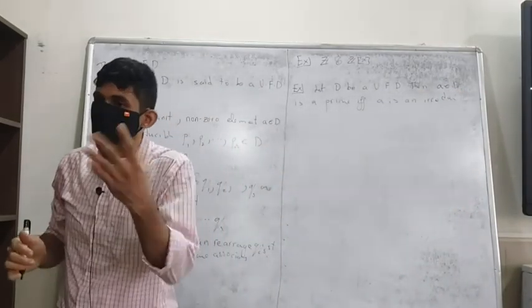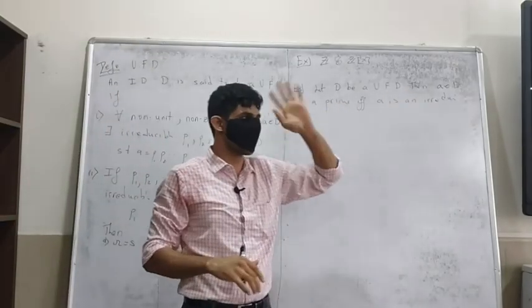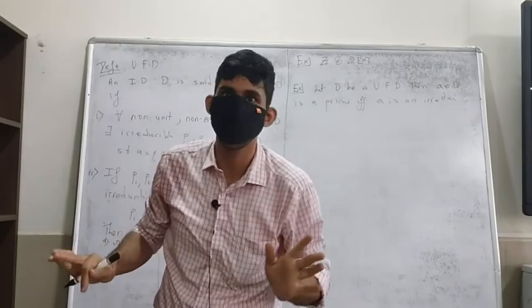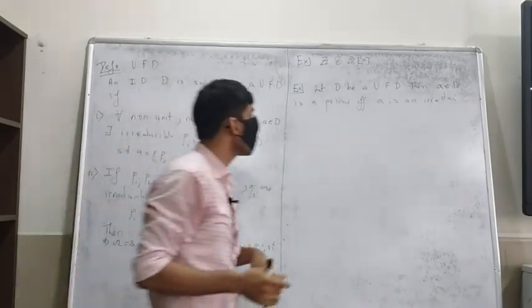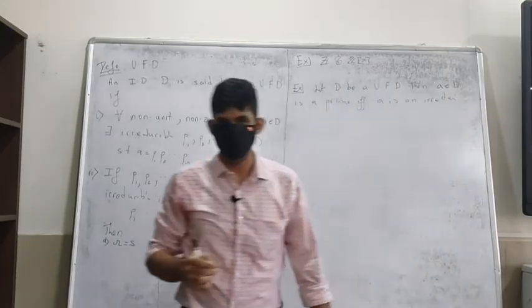One direction of this proof is obvious, because we know that every prime is always an irreducible in any given integral domain. So that side is fine. We need to show that if A is an irreducible, then it is a prime.